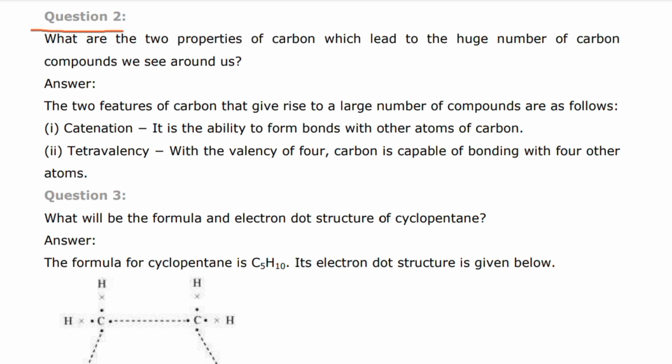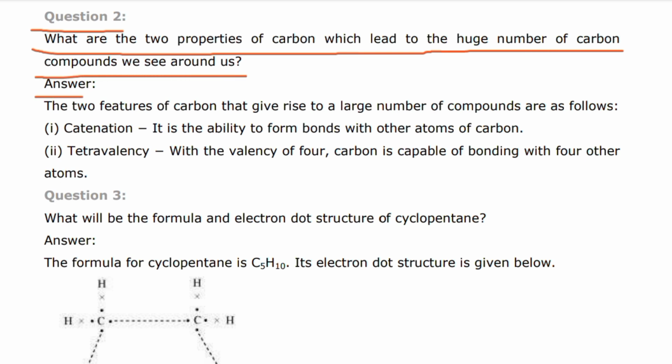Question 2. What are the two properties of carbon which lead to the huge number of carbon compounds we see around us? Answer. The two features of carbon that give rise to a large number of compounds are as follows.